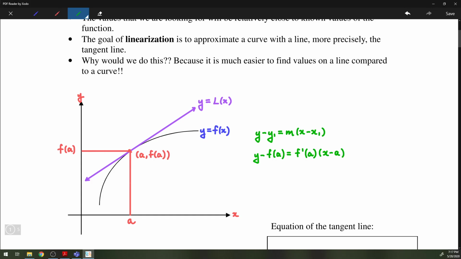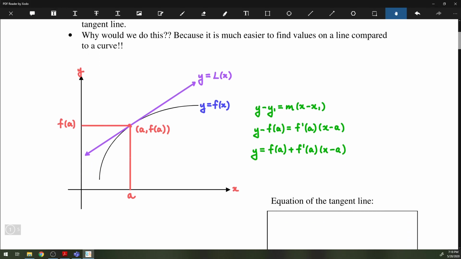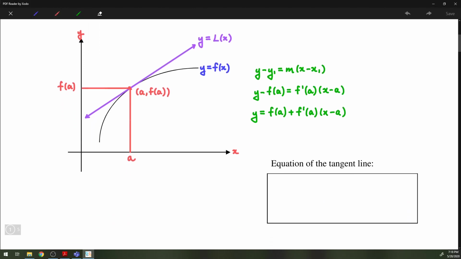If we rearrange this slightly, we'll have y equals f of a plus f prime of a times x minus a. And that will be the equation of L of x.